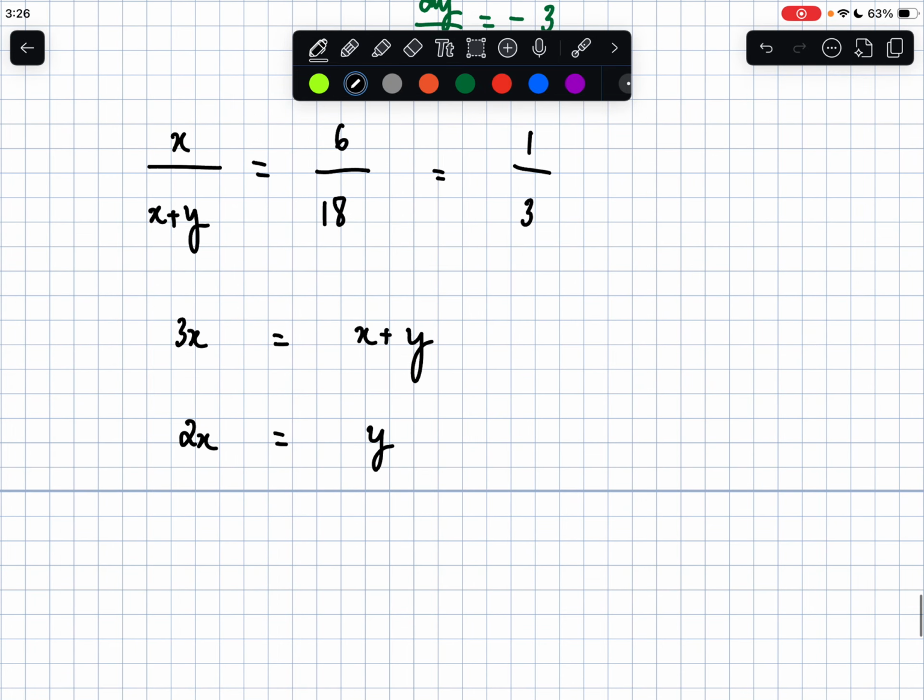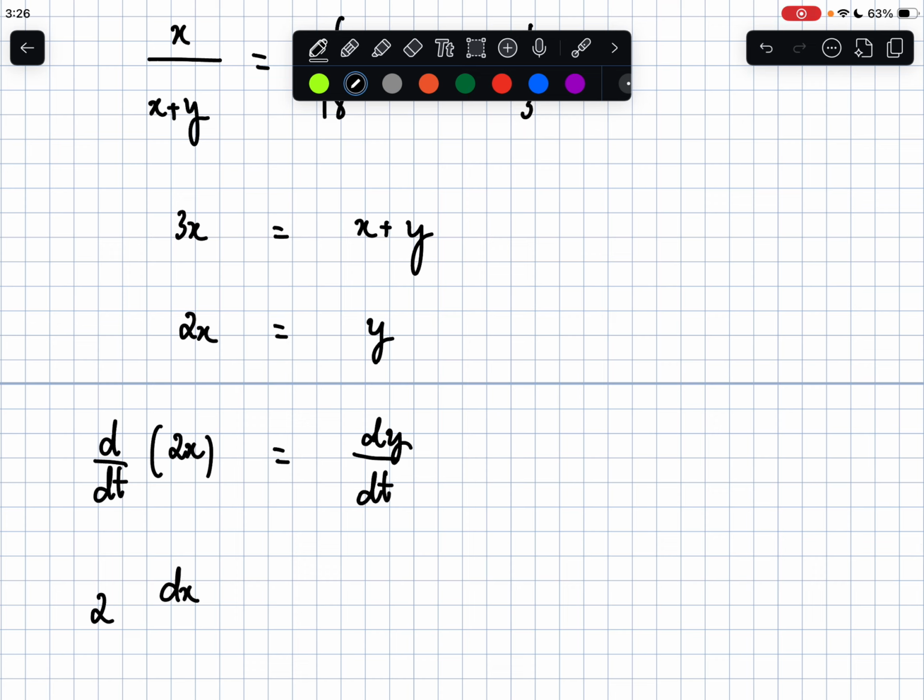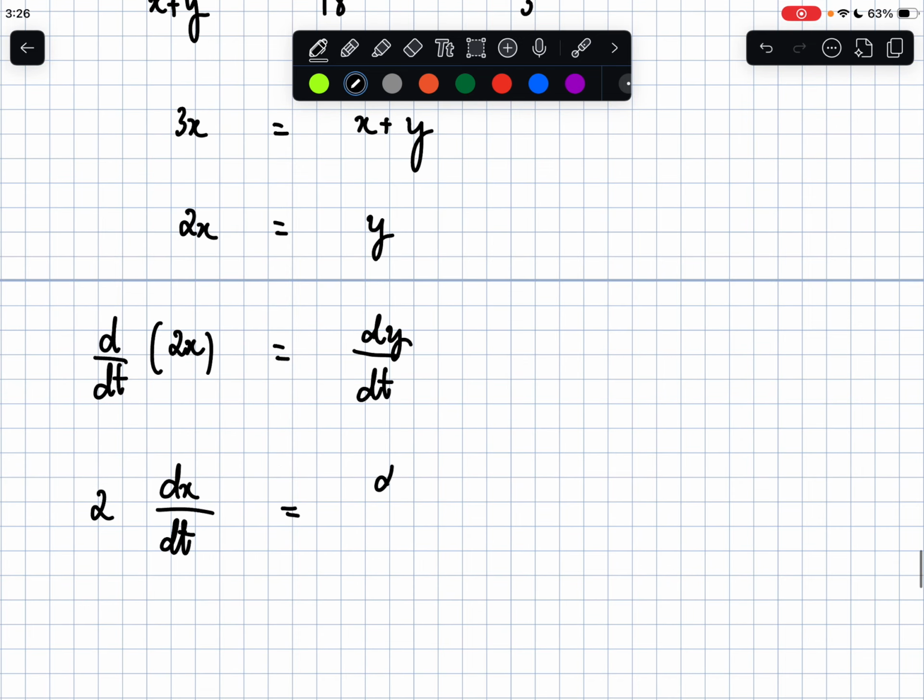Now we can take the derivative of both sides with respect to t, the time. d over dt of the left-hand side equals d over dt of the right-hand side, which is dy over dt. 2 times dx over dt equals dy over dt.